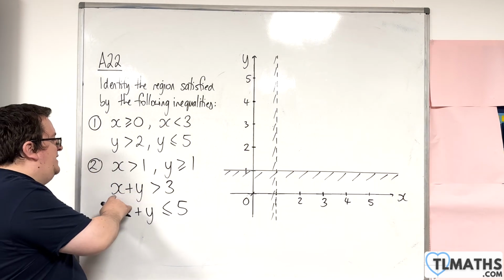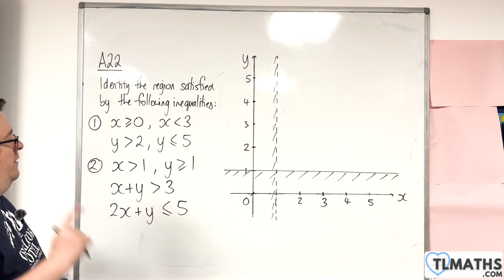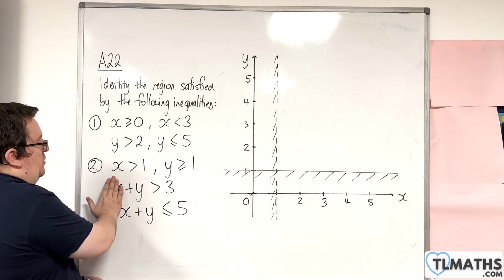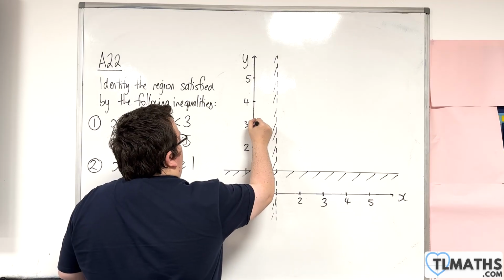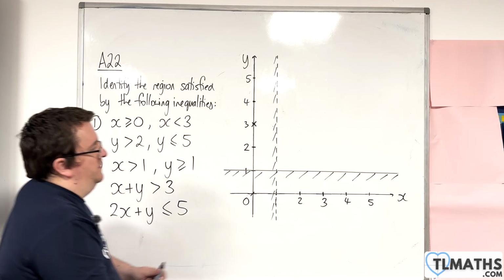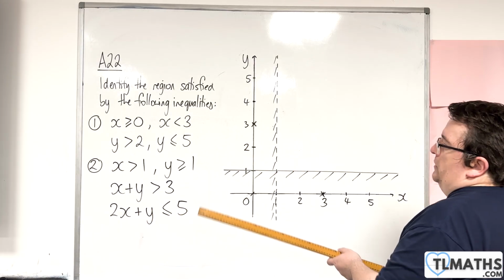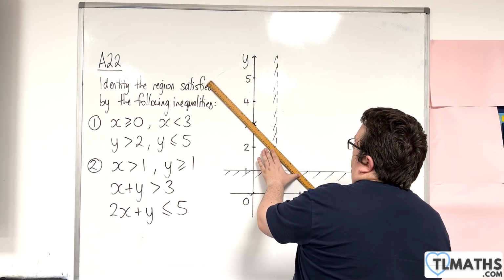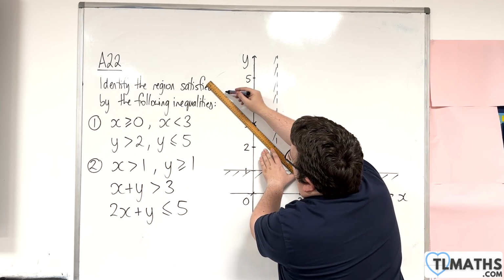Okay, so now we get to x plus y is greater than 3. So if we work out where the line crosses the x and y axis first, when x is 0, y is equal to 3. So that would be that point there. And when y is 0, x is equal to 3. So that would be that point there. So it's a line going through those 2 points. It will be a dashed line because it's a strict inequality.